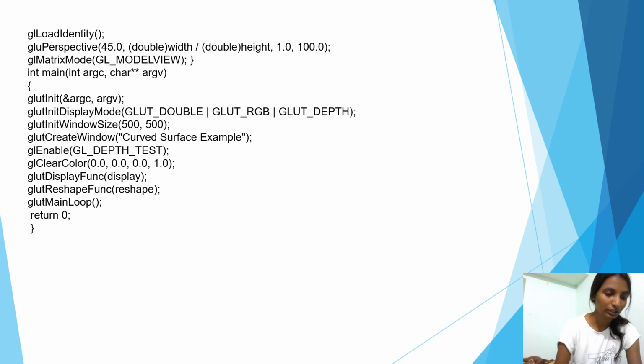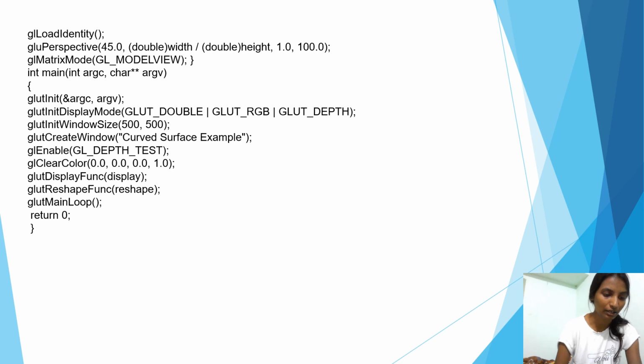In the main function, GLUT initialization is performed using glutInit. The display mode is set to enable double buffering, RGB color mode, and depth buffer. The window size is set using glutInitWindowSize, and the window is created with glutCreateWindow.